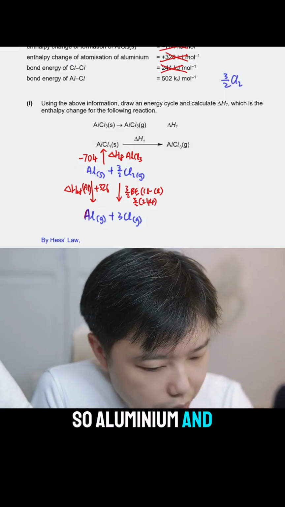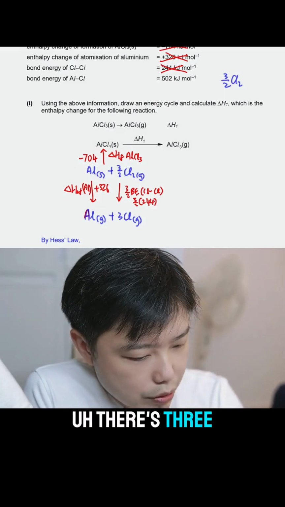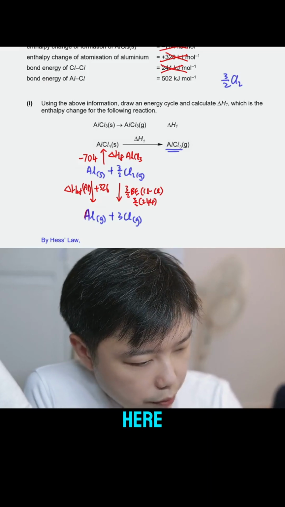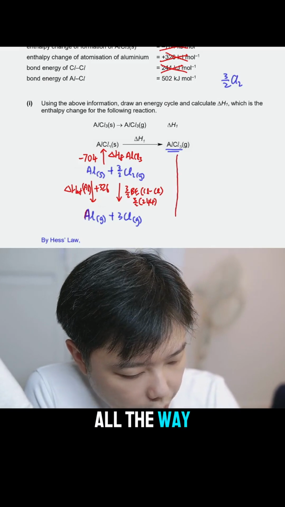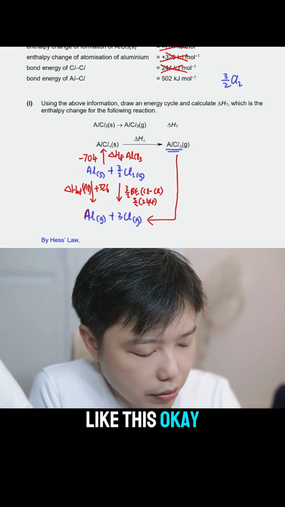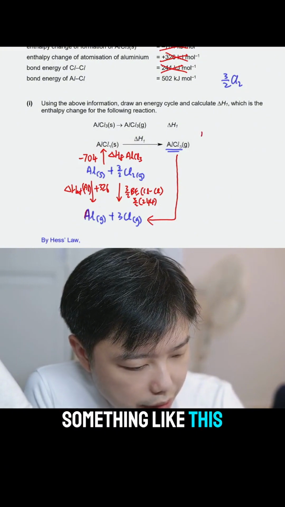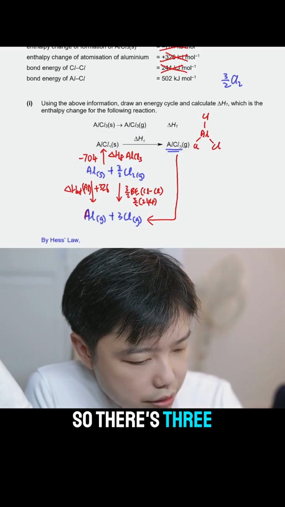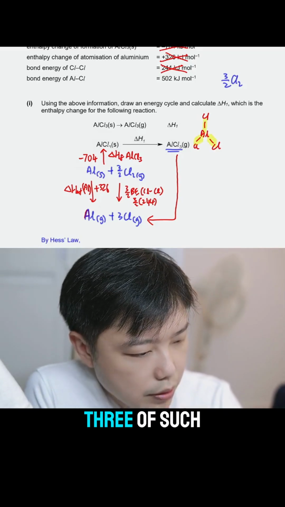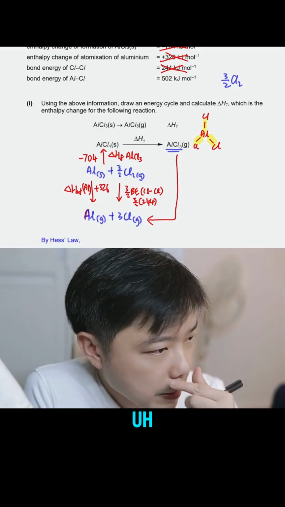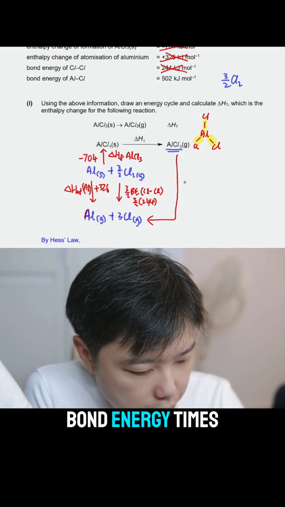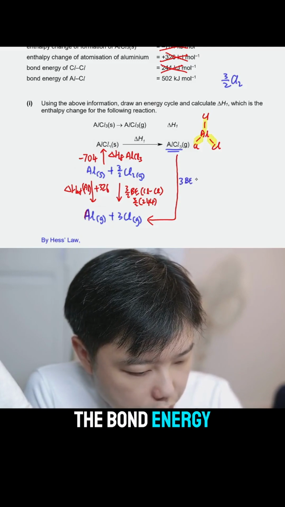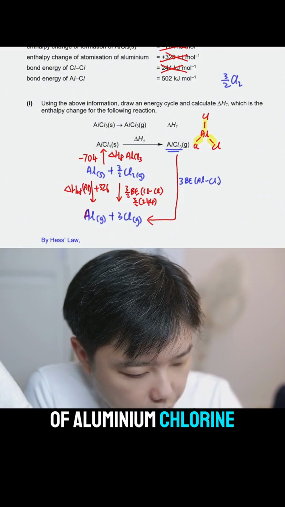There are 3 such bonds in AlCl3, so we put the bond energy times 3.